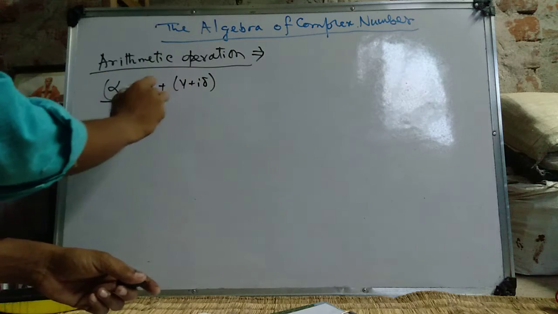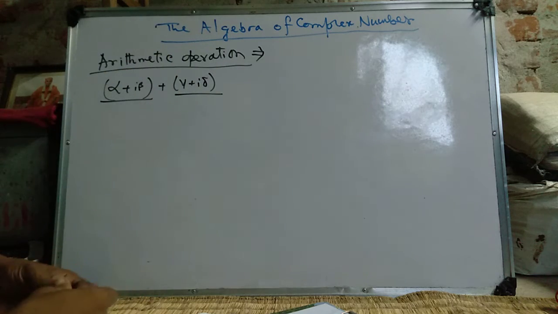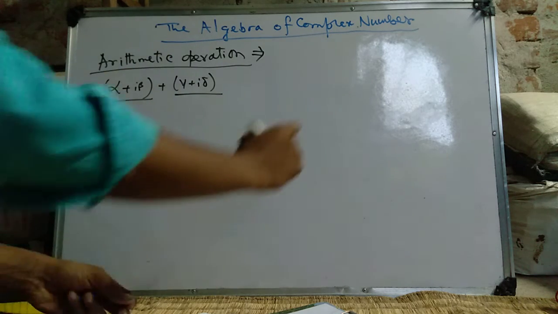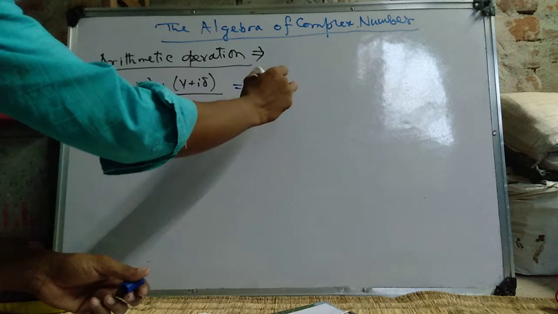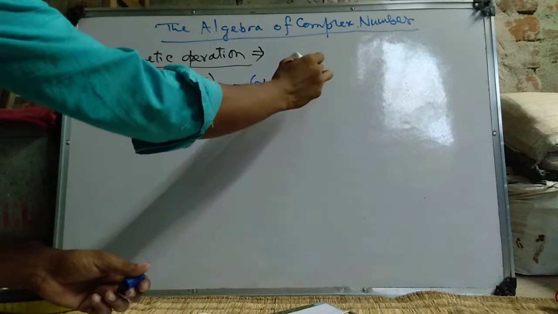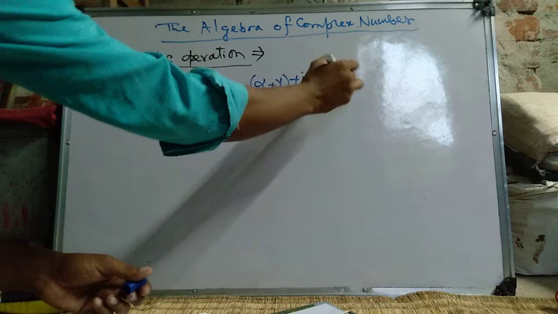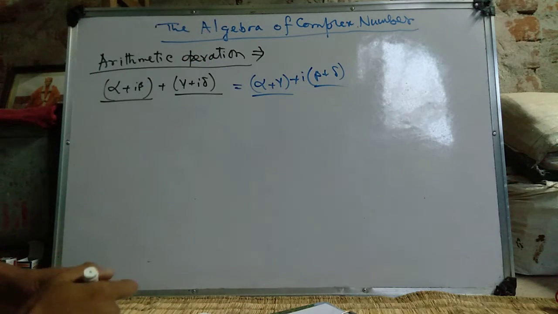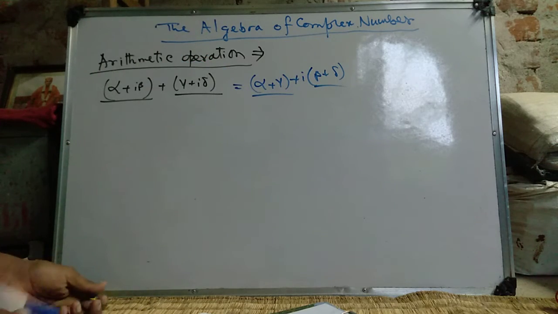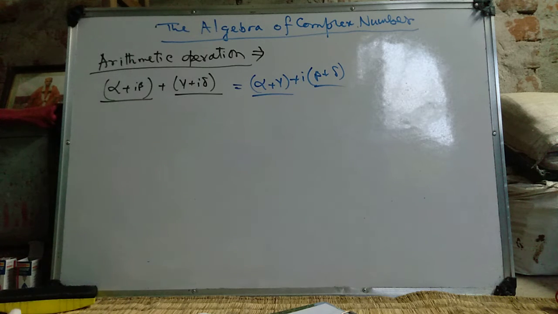How are these two added? Simply: alpha plus gamma, plus i times beta plus delta. That means real part plus real part and imaginary part plus imaginary part. In this way we handle addition of two complex numbers.